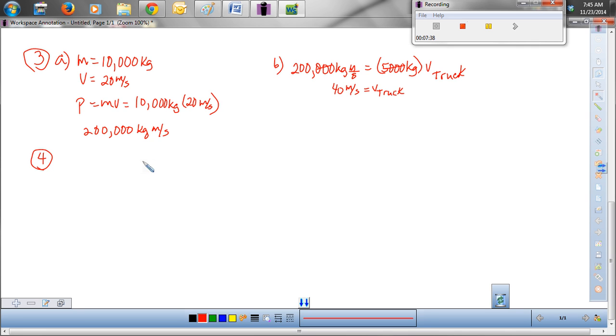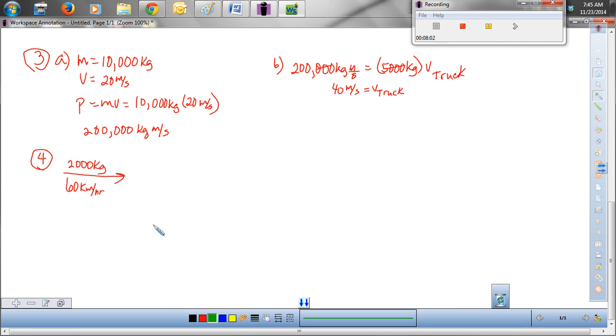A 2,000 kilogram automobile is going eastward at 60 kilometers an hour, hits a truck that's going southward, so we're going to have a collision. Okay, so this one's going east at 60 kilometers an hour. Mass is 2,000 kilograms. Speed is 60 kilometers per hour.